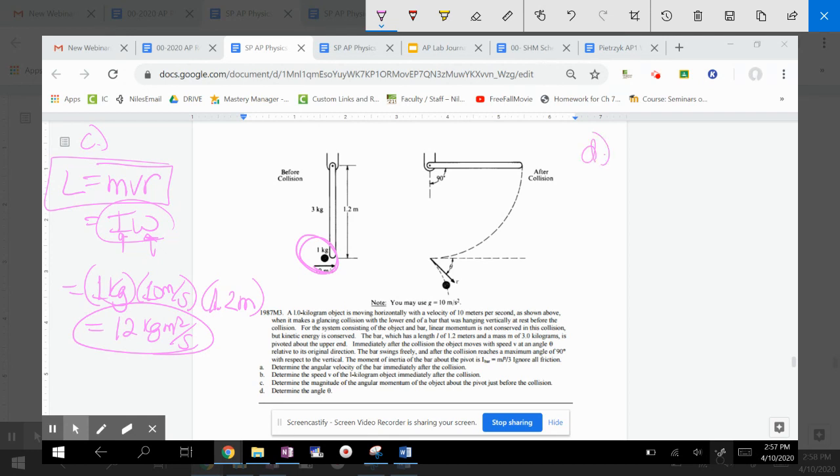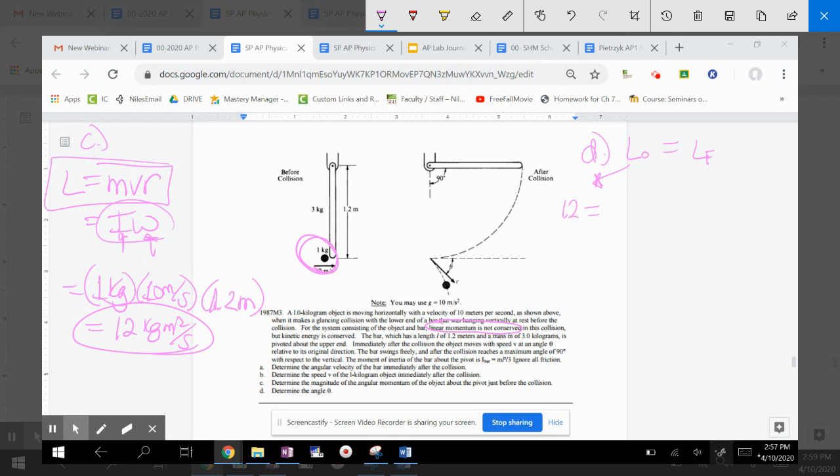determine the angle theta. Okay, the way I'm going to do that is, even though it says linear momentum is not conserved, angular momentum is, because there's nothing that's causing a net torque on this system. So if I know the initial angular momentum equals the final angular momentum, I need to figure out what that is. So I just solve for this.